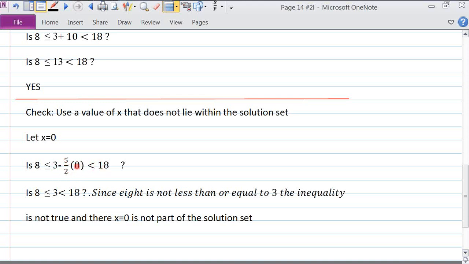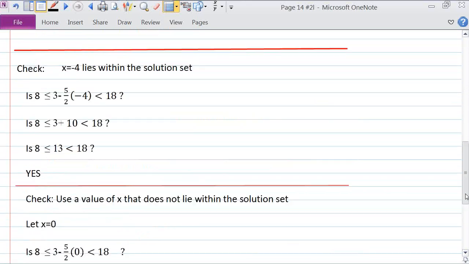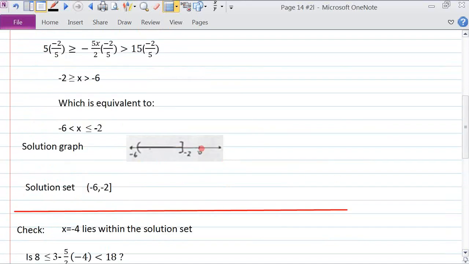Well, 5/2 of 0 is 0. 3 minus 0 is 3. Is 8 less than or equal to 3? No, 8 is greater than 3. So the inequality doesn't hold when we choose x equal to 0, as we expected.